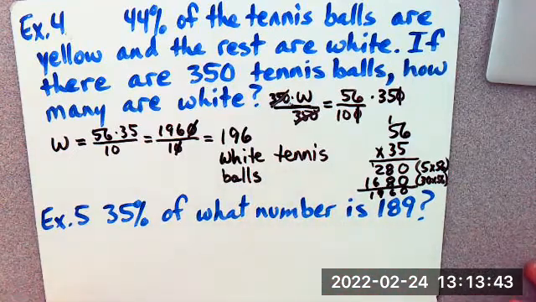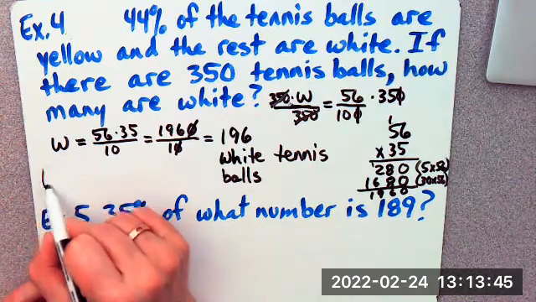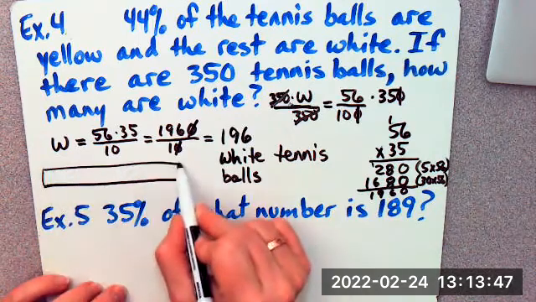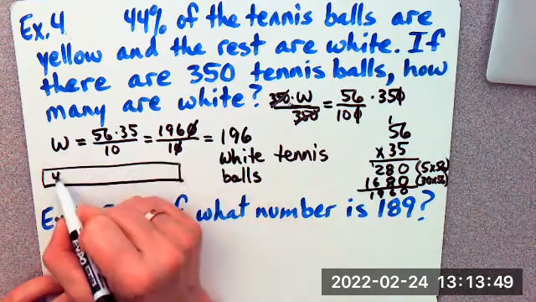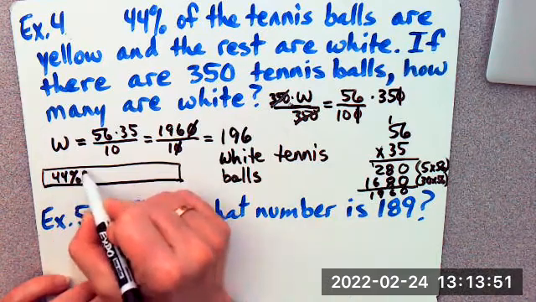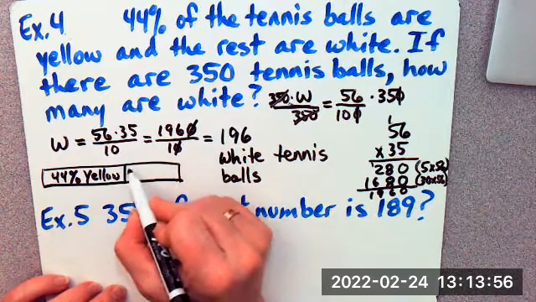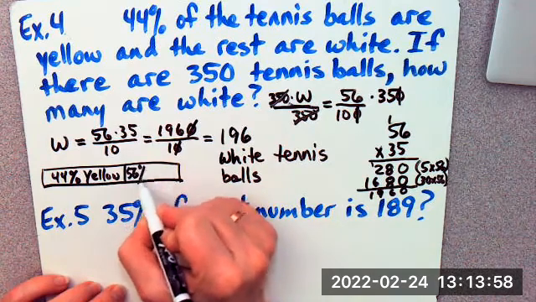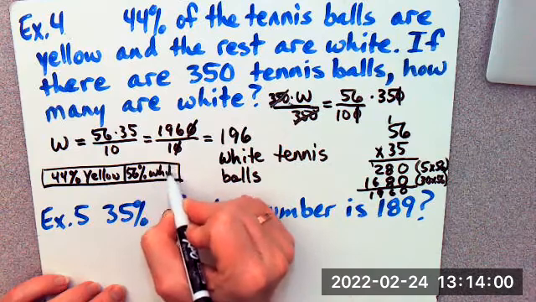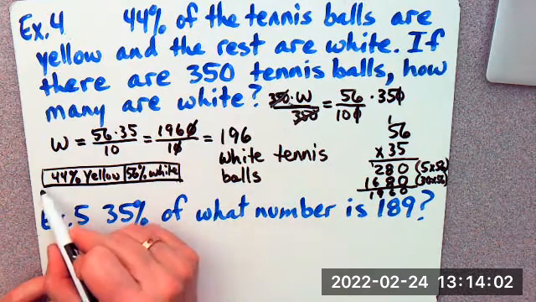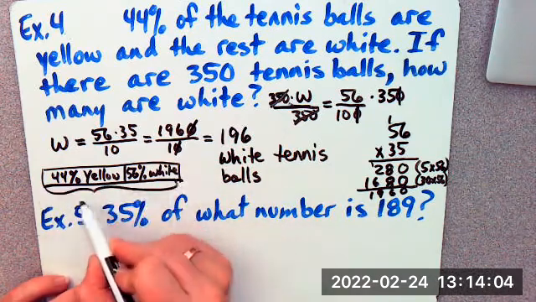Now, again, if we used a bar chart model, we could go like this and say, oh, hey, this is 44% yellow, 56% white, and we know that the total here is 350.